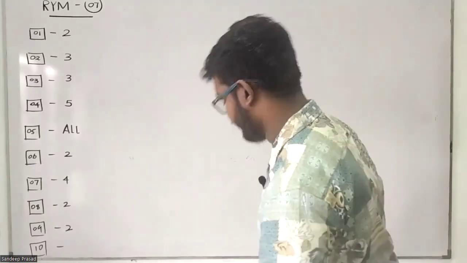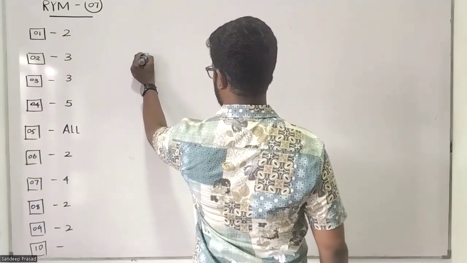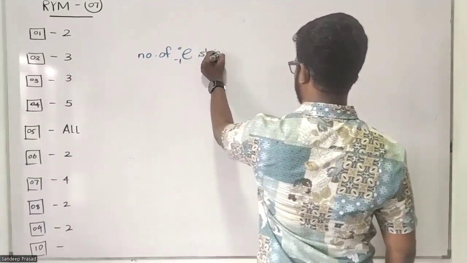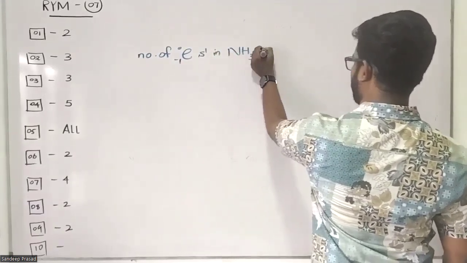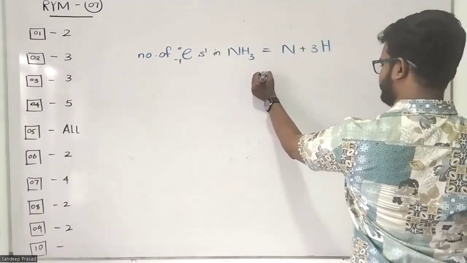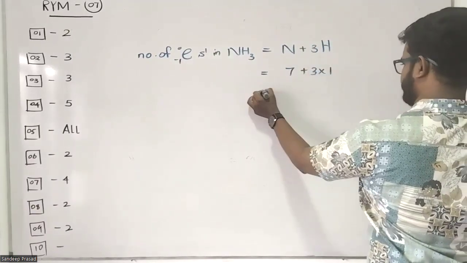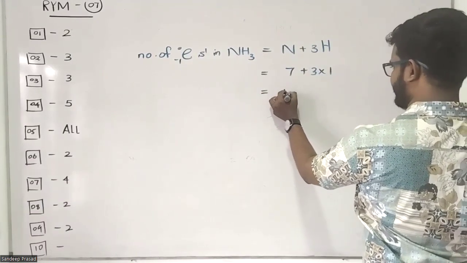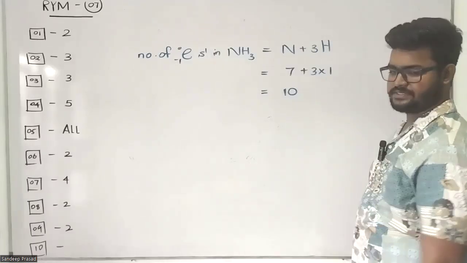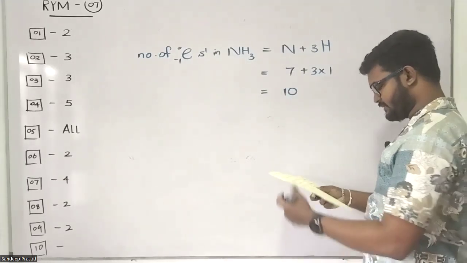Look at the number of electrons in ammonia. Only one nitrogen atom. There are 3 hydrogens. Nitrogen is atomic number 7. Hydrogen is 1. So 7 plus 3 into 1 is 10. That means in the ammonia molecule, altogether there are 10 electrons.